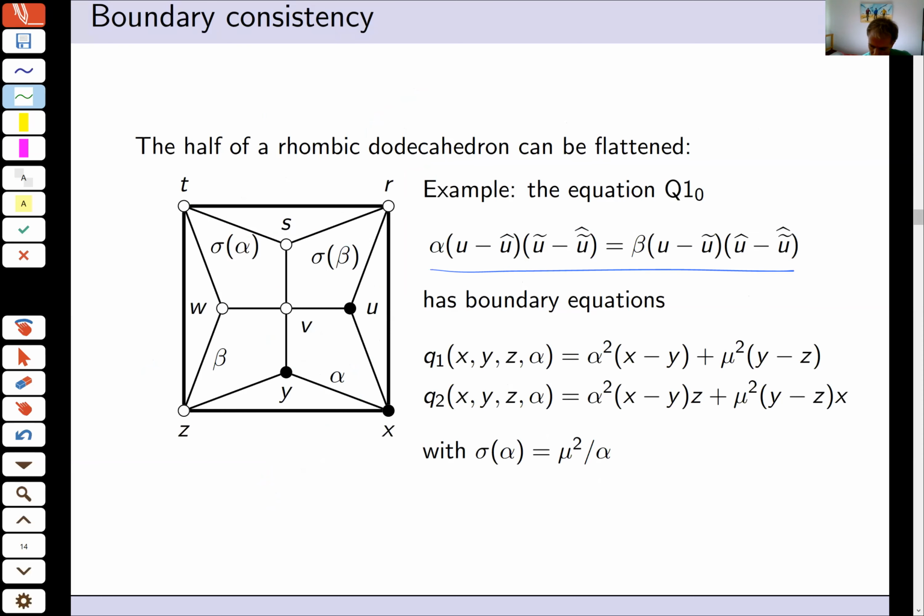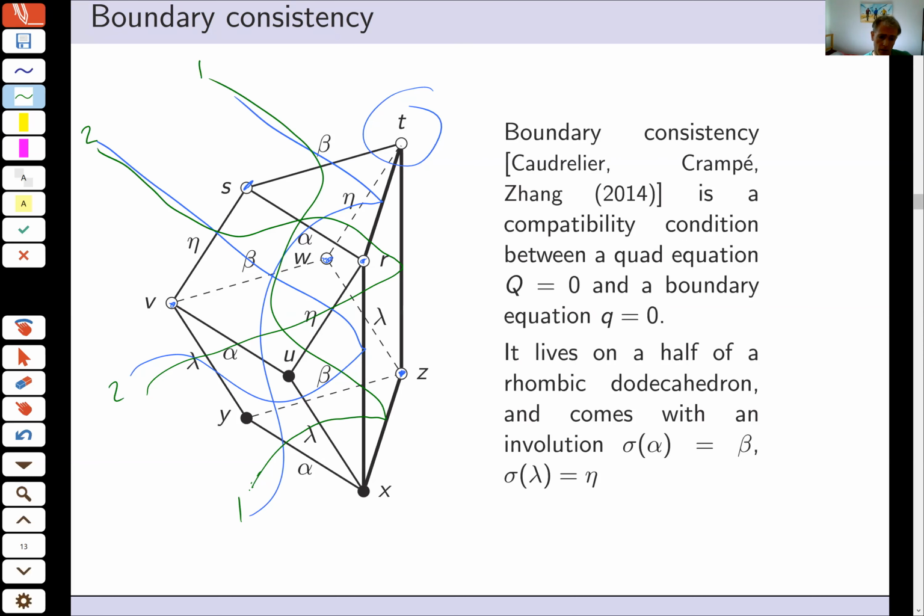It also shows that the parameters need to be related. So alpha and beta, if we have this bounce on the boundary, beta needs to be related to alpha by an involution, and that is because if you look at the bottom triangle, we have that beta is sigma of alpha, but then at the top it should be the other way around, that alpha is related to beta by sigma as well.